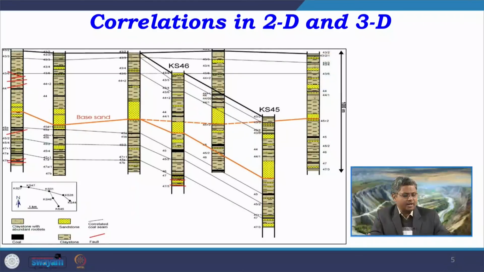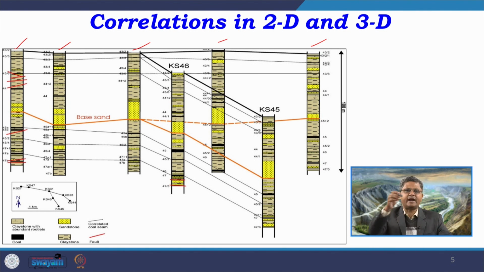These are some random examples that I am showing you just to give you an idea of what kind of correlations we can make. Say you have several logs available to you from one area, and say this is log 1, 2, 3, 4, 5. These 5 logs are occurring in one plane, in that area.